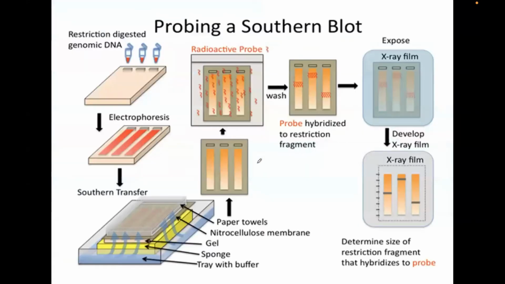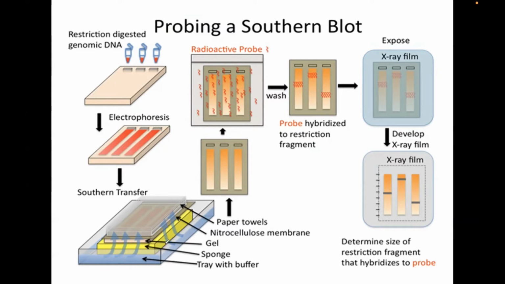So, this is the visualization or the illustration of how your southern blot works. So, we have your restriction-digested genomic DNA kung saan ikakat na natin into manageable fragments ang inyong DNA and then will be subjected to electrophoresis. So, depending on the size and on the charge, it will migrate. Okay?